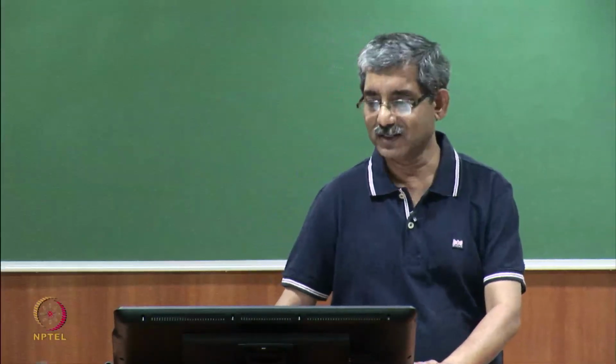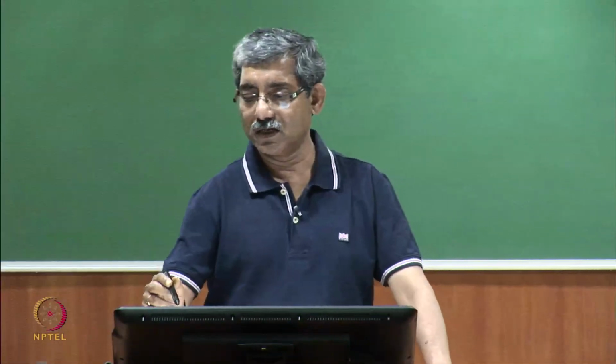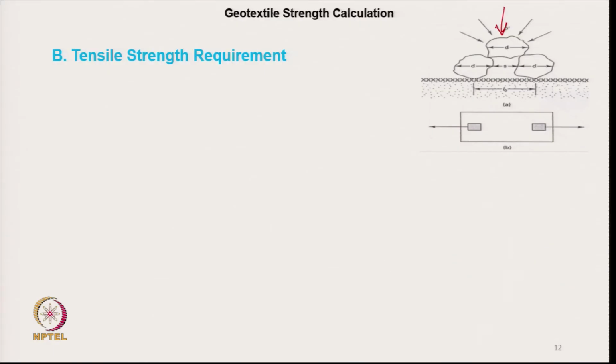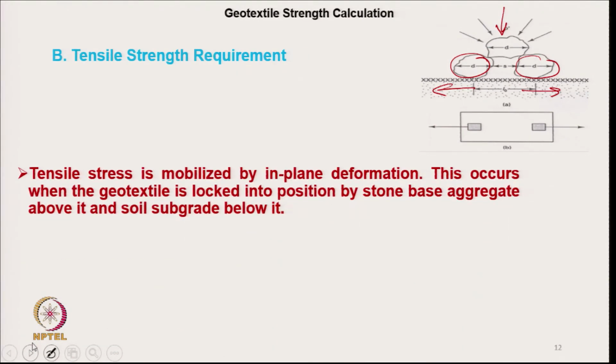As I have already mentioned, due to this downward pressure, these two rocks will try to slide sideways, which will generate a situation like grab stress applied on the geotextile. So, the tensile stress is mobilized by in-plane deformation. This occurs when the geotextile is locked into position by stone.